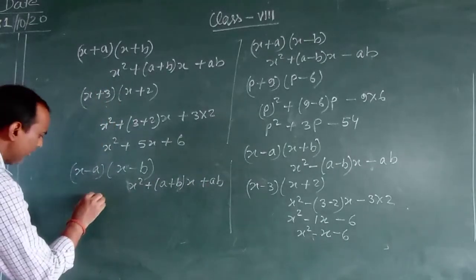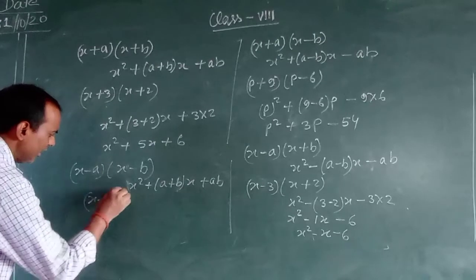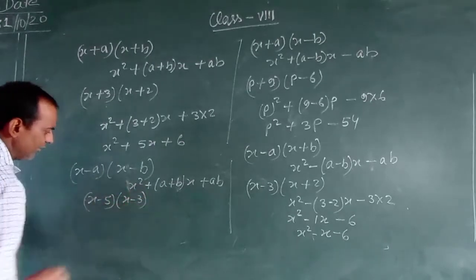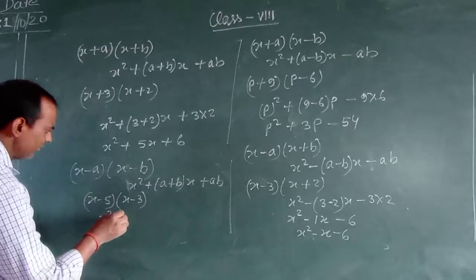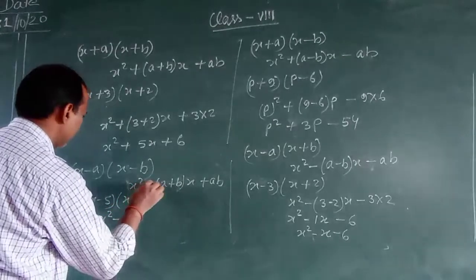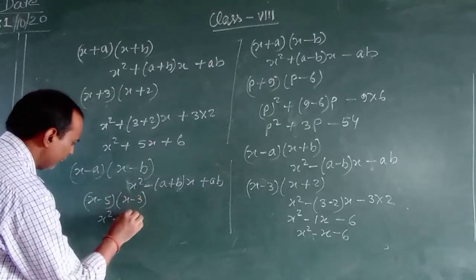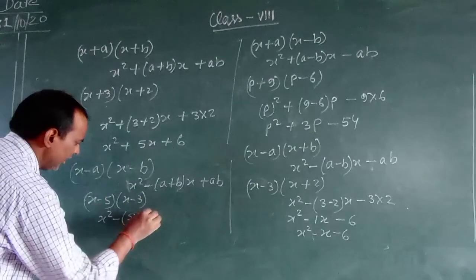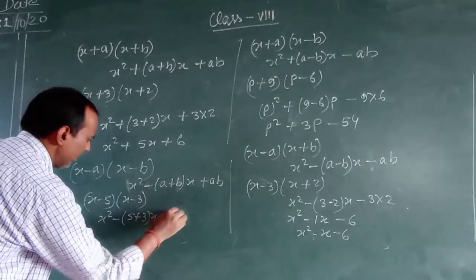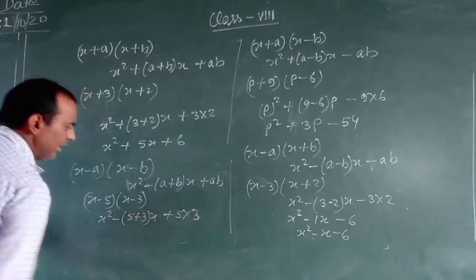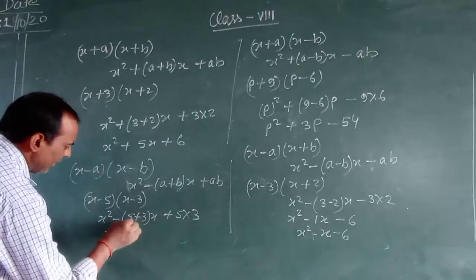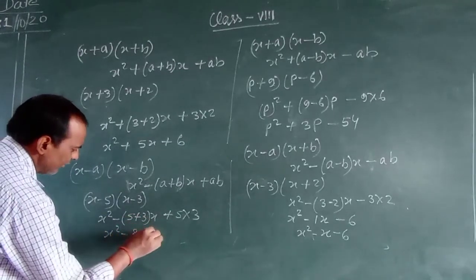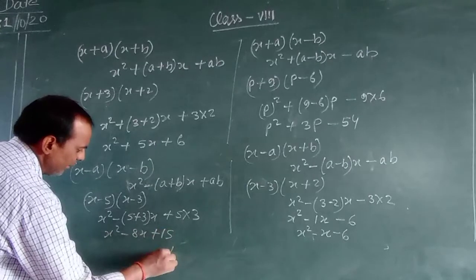So if x minus 5 into x minus 3, it is x square minus a plus b, 5 plus 3 into x and plus 5 into 3. Now it can be written x square minus 5 plus 3, 8x, plus 5 threes are 15.